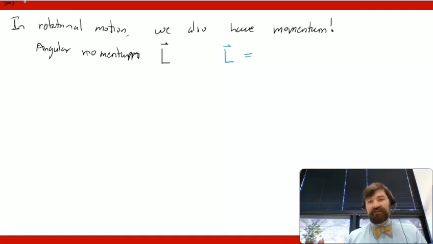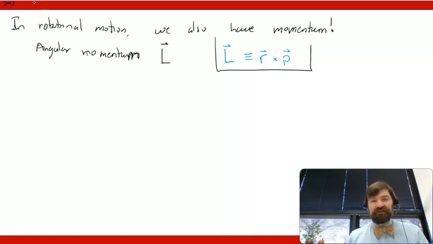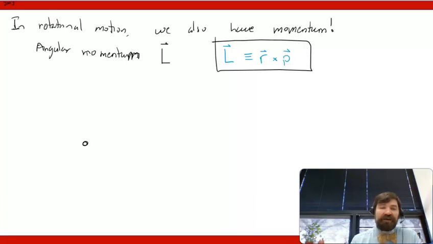The way that it's defined is that L is defined as r cross p, so it's another cross product. This gives us the definition, and the diagram that goes with it. Let's say that this is my axis of rotation, and I have an object which is moving off in some direction, like this.